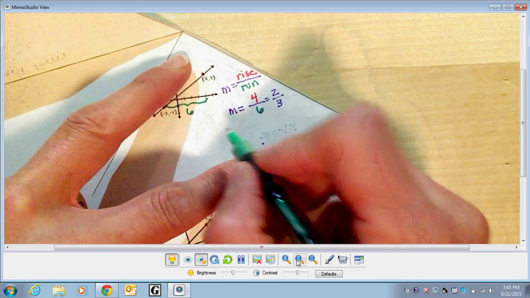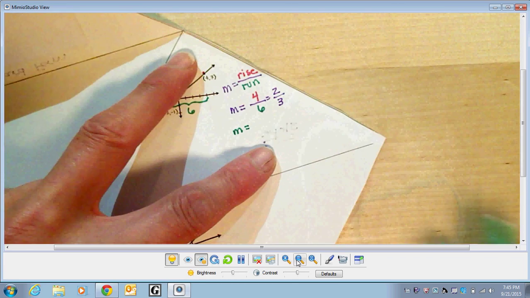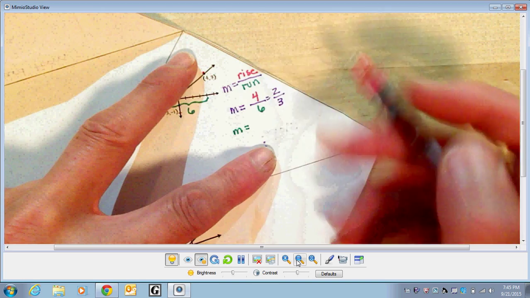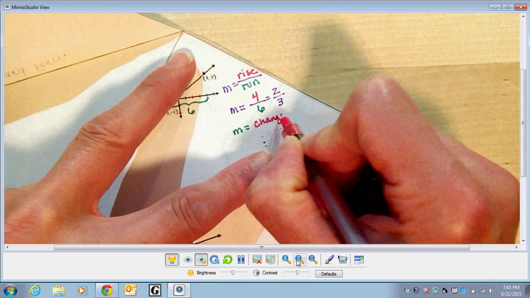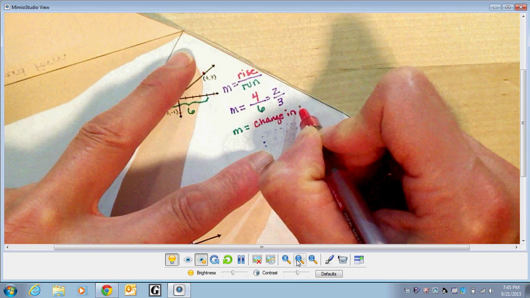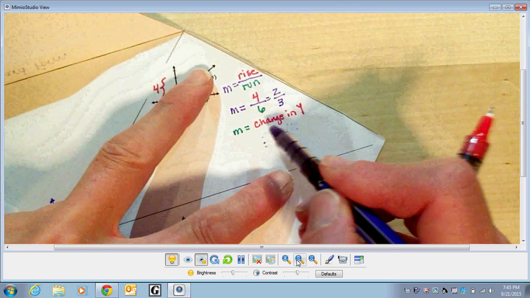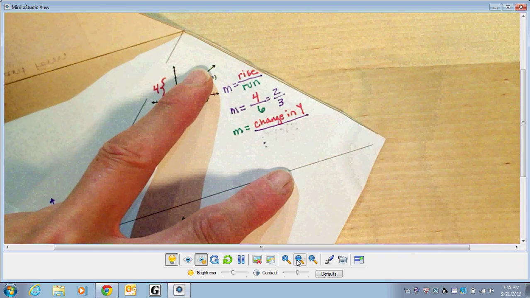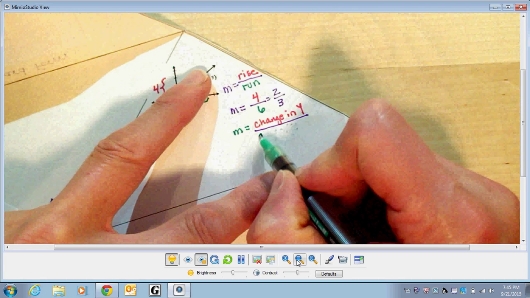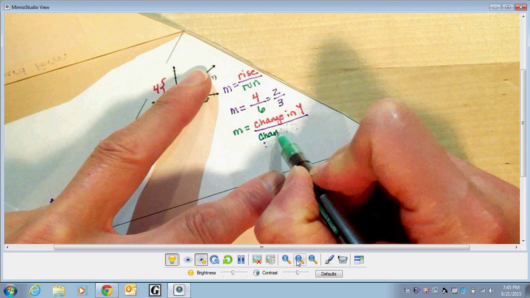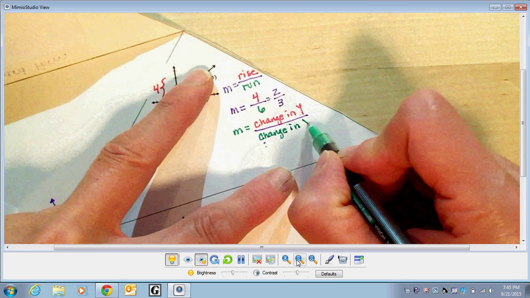Okay, so another way of looking at slope, I'll write this down. So slope is also considered the change in y divided by the change in x.